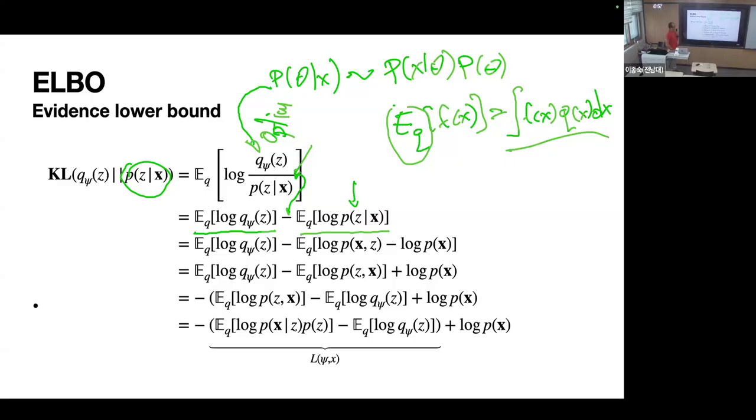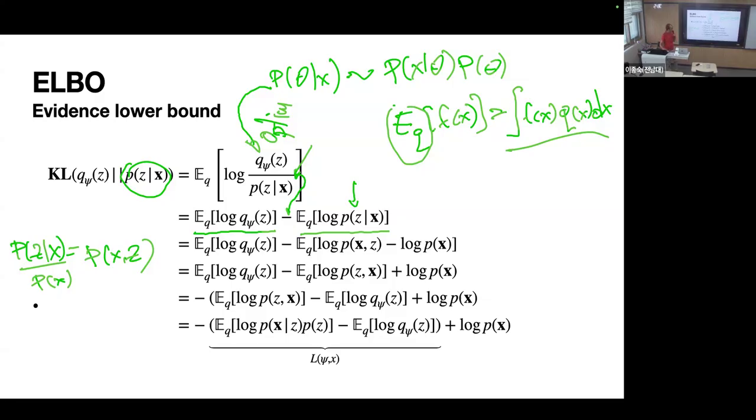So let's go forward. Let's follow this thingy here. What is the logarithm of z conditioned on x? Bayes rule. We write it as p(z|x) = p(x,z) divided by p(x), where p(x,z) is the joint distribution. This is the simple Bayes rule. And we take the logarithm on both sides.